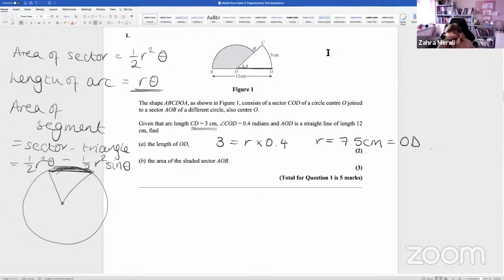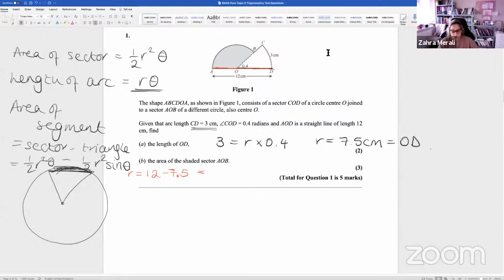And then we want the area of the shaded segment. So that's the other side. So first of all, okay, it's a different circle. We're looking for this length here, but we've already worked out that that bit here is 7.5. So we can do 12 minus 7.5, and that's going to give us our radius for our new segment.